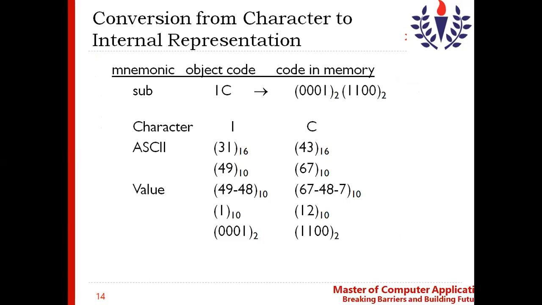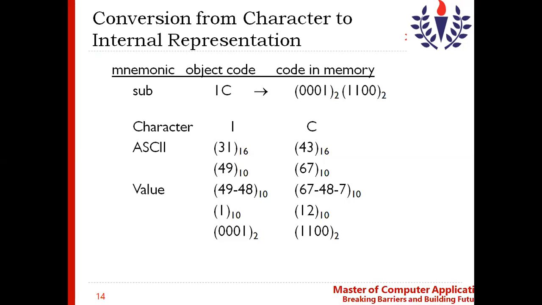If it is greater than 48, then it has to be subtracted. Similarly, when it is checked with 10, if it is less than 10, then the binary format is represented. Otherwise, it has to be subtracted by 7, so that finally the binary format is obtained.